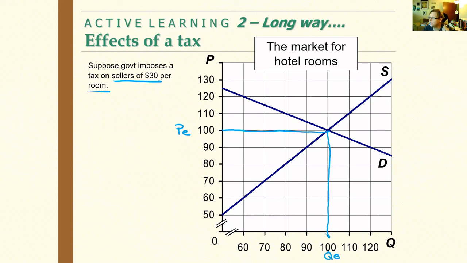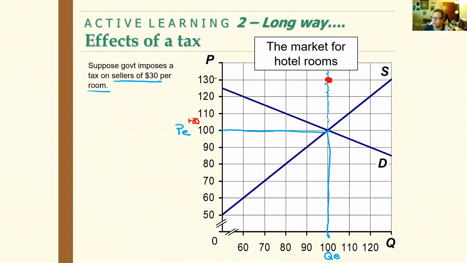One thing I want to do is extend this up from price equilibrium. So my first step is going to be to add the tax to price equilibrium. So 100 plus 30 is going to be 130. And I'm going to go over here and make a reference point.